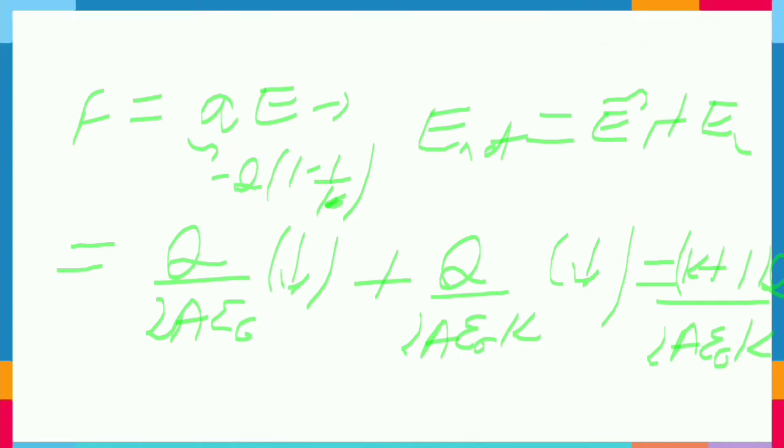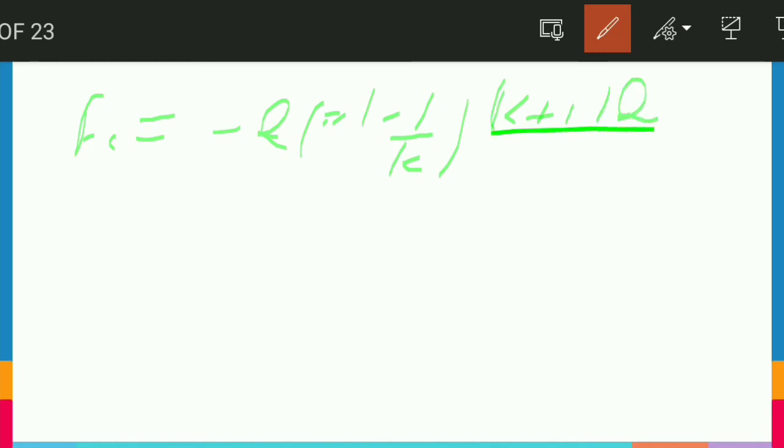So friends, let's move to the next slide. We can write our F electric as minus q (1 minus 1 upon k) times (k plus 1) q upon 2A epsilon naught k.